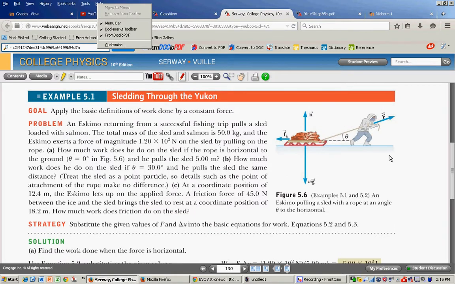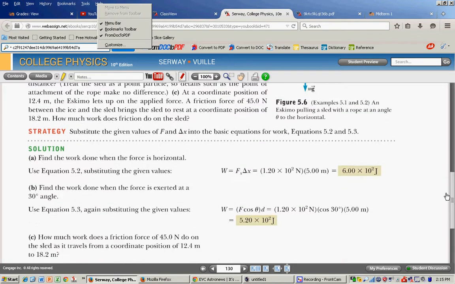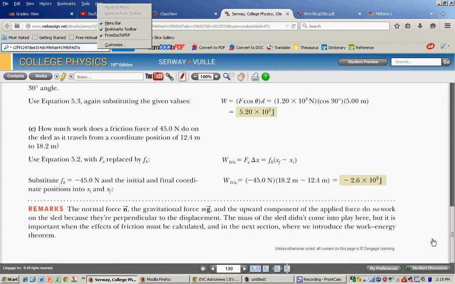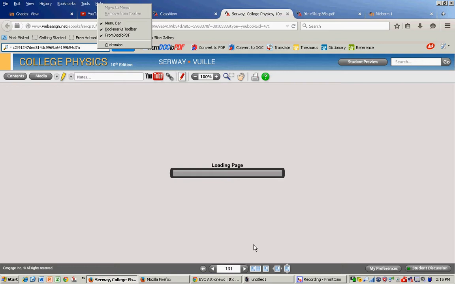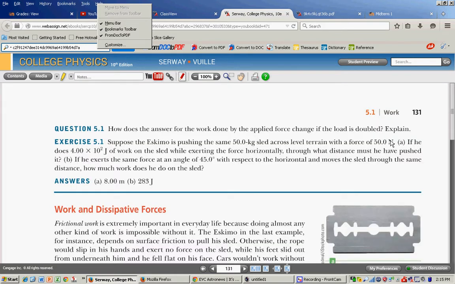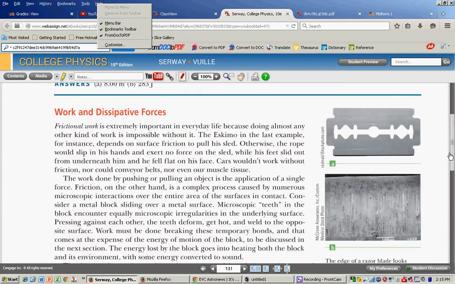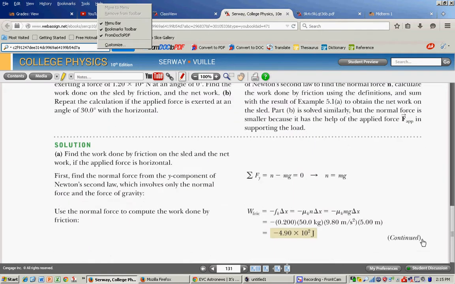And I know you keep thinking, what does this work have to do with anything? Well, one of the major outcomes of this concept of work is that it will enable us to introduce the concept of energy, more particularly kinetic energy.